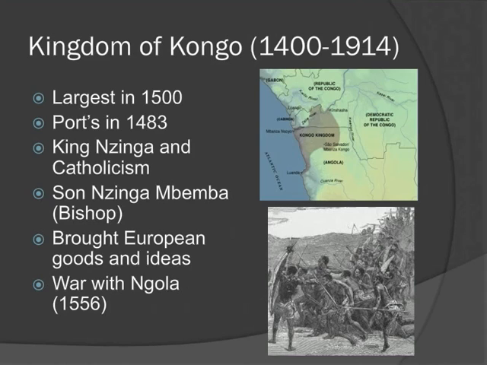Alfonso's cousin came to the throne as king, but in 1556 they actually went to war with a little place called Angola.